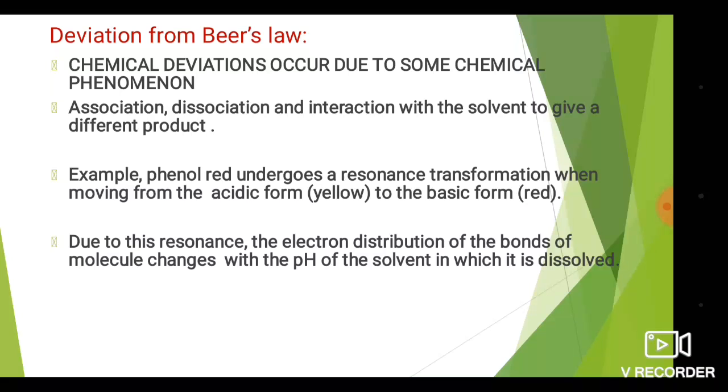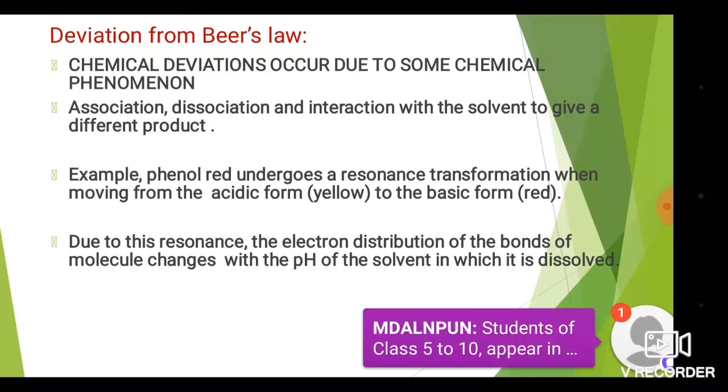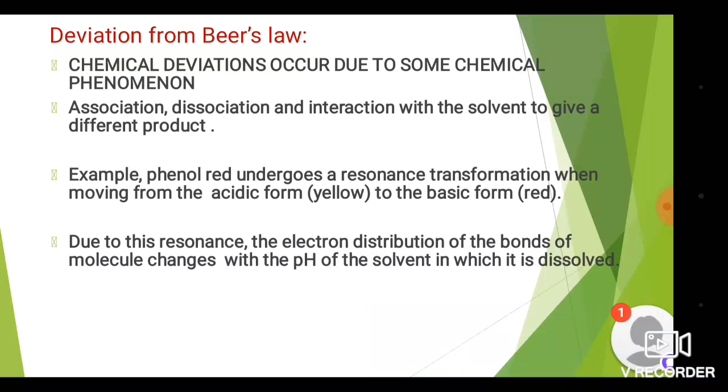If the substances dissociate into ions, then we get a different absorption due to dissociation. Another case is if there is a reaction between the solvent and the substance, then we get a different product.